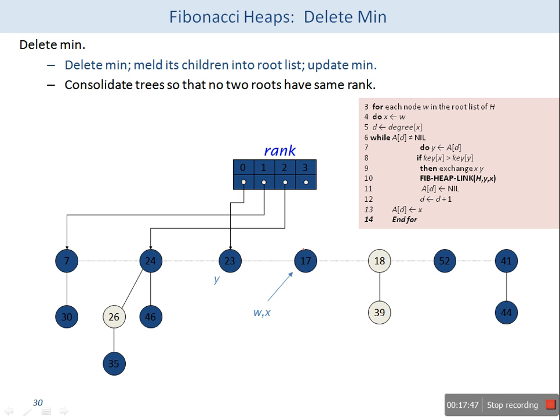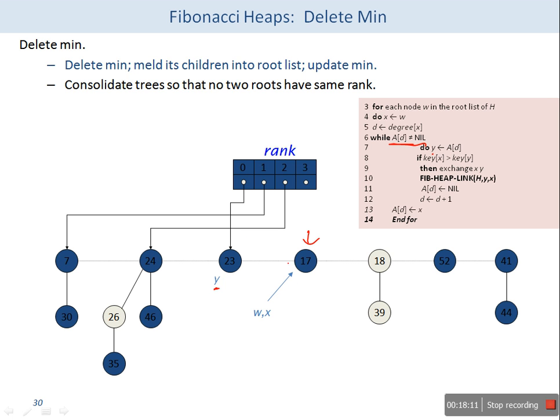Now at the next node 17, A of D is not equal to nil. Because of that, we have to update a pointer y. Pointer y points to the previous node of x.